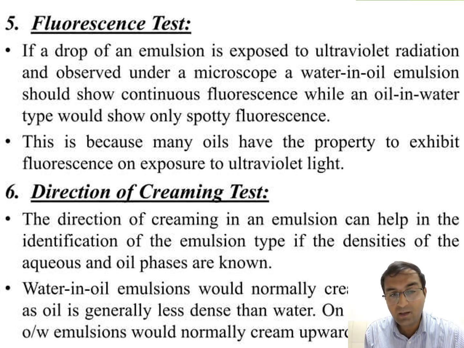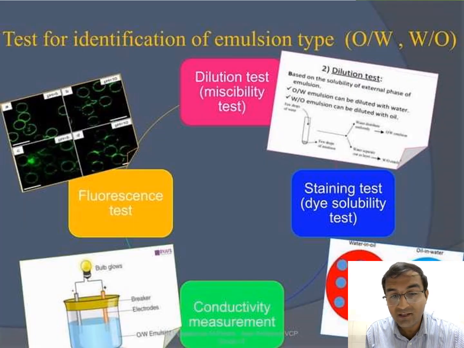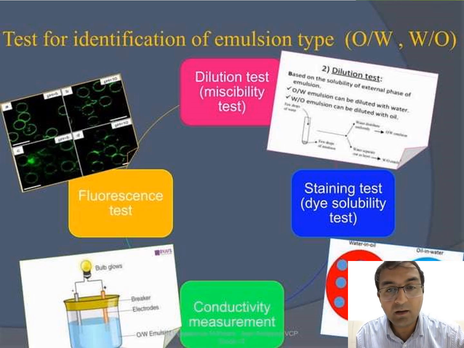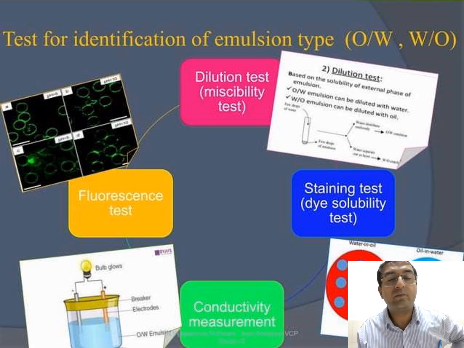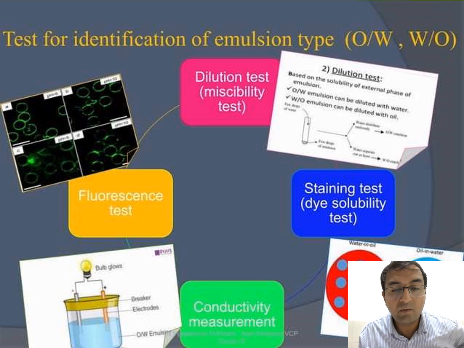So when the creaming goes downward, it normally shows water in oil type, and vice versa. Here are some glimpses of the test performed in the lab. You can see on the screen the tests for identification of emulsion.